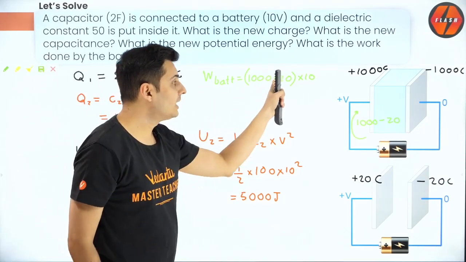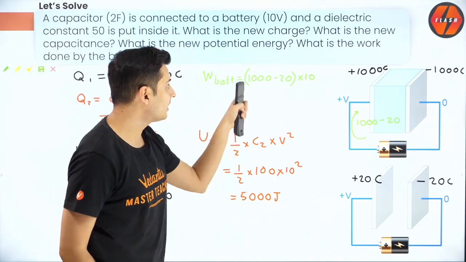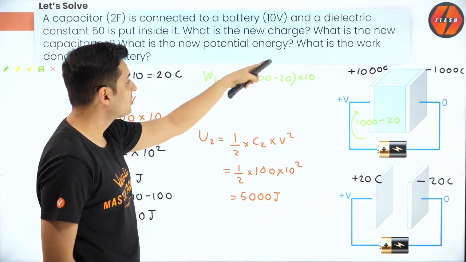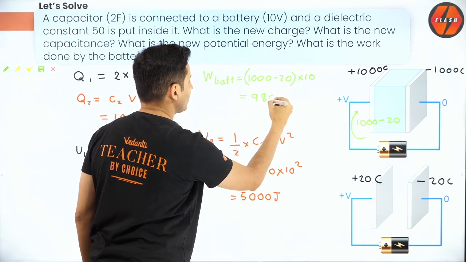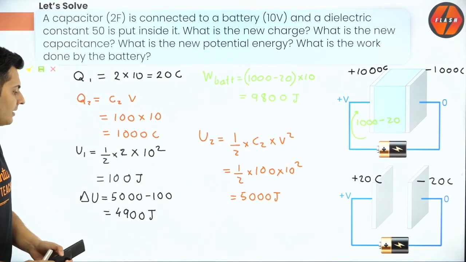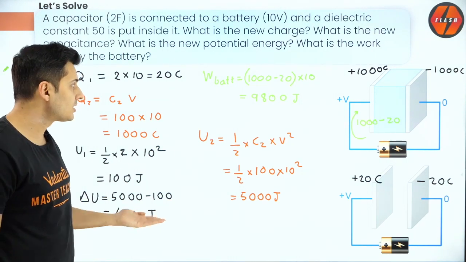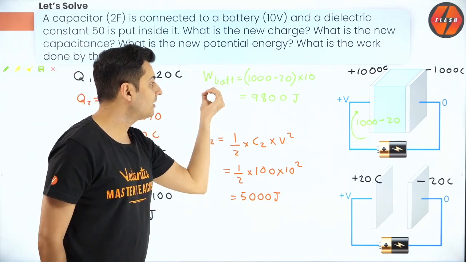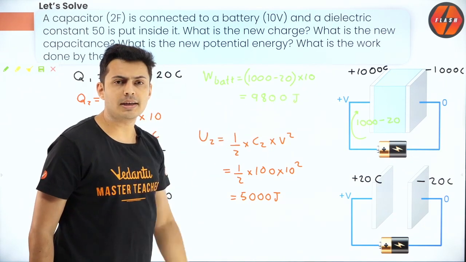Why into 10? Remember, work done is charge supplied into the voltage difference. The charge supplied is this one, and the battery's voltage is 10 volts. So this is going to give me 9800 joules. Now this is interesting. The change in the potential energy was 4900 joules, but the battery has done much larger work, 9800 joules, to build up that charge in that capacitor.